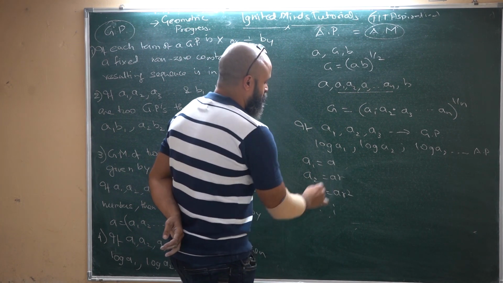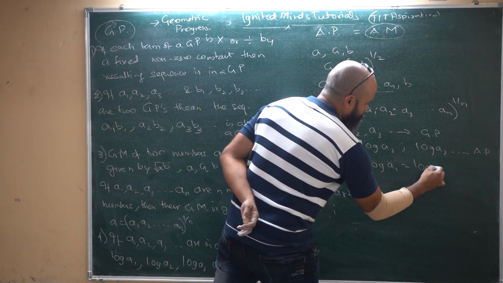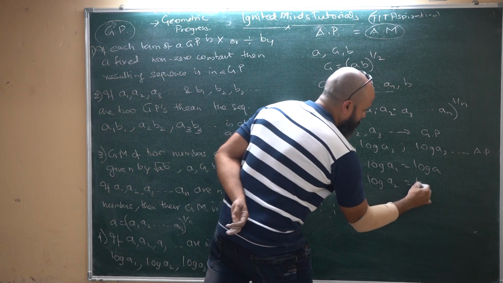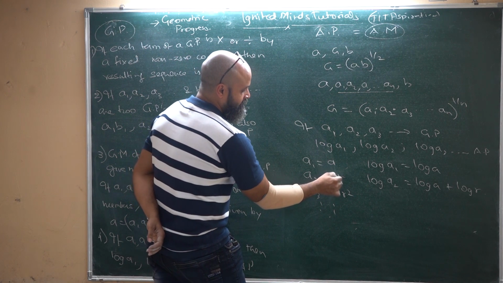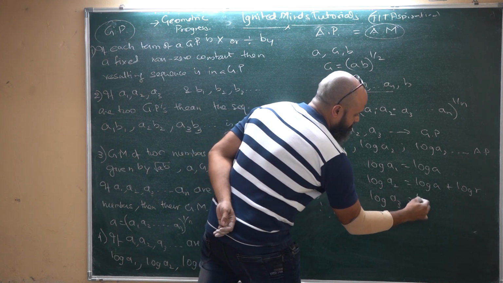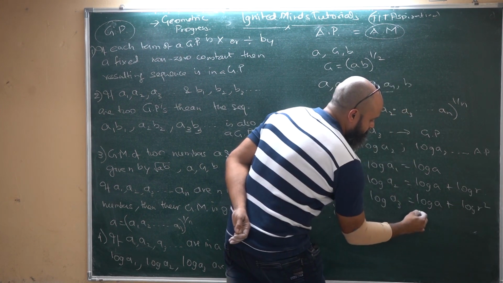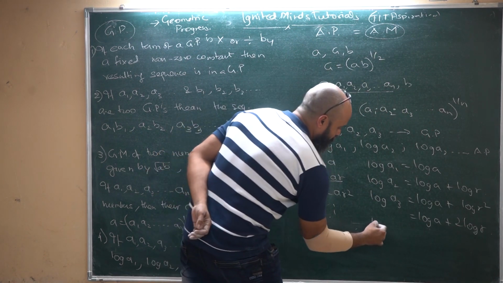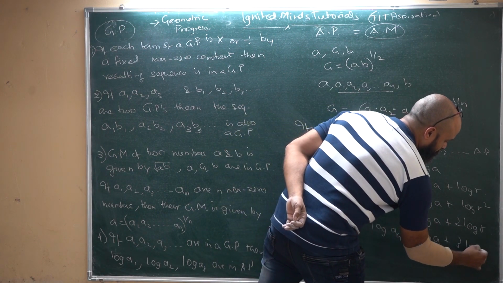So log A1 will be equal to log A. Then log A2 is going to be log A plus log R. Do you see this? A multiplication means a plus in log. Then log A3 is going to be log A plus log R square, which means log A plus 2 log R. Similarly, log A4 will be equal to log A plus 3 log R.